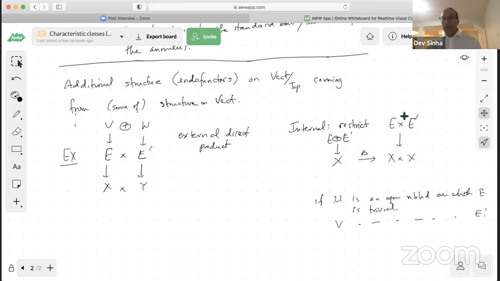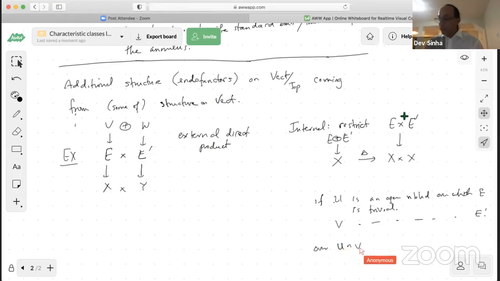And what we can do is, of course, still cover X by intersections of such U and V. If I've got two different covers, their intersections still cover.